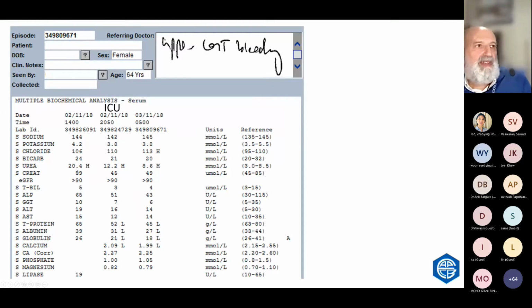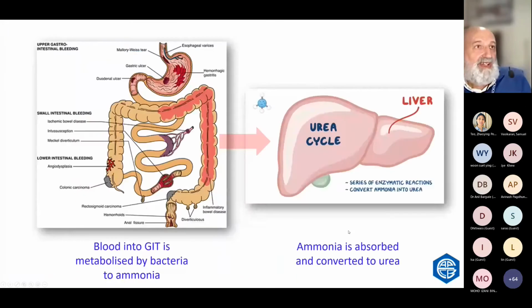And her urea had gradually improved while she was in ICU, and she was starting to adapt to the fact that she's lost all that blood and getting some more blood volume to be able to clear that urea. So, how does that all work? Well, if you bleed blood into the gut, the blood will go to your microbiome, and the bacteria in the gut will metabolize that protein to ammonia.